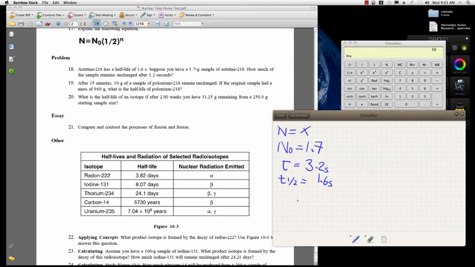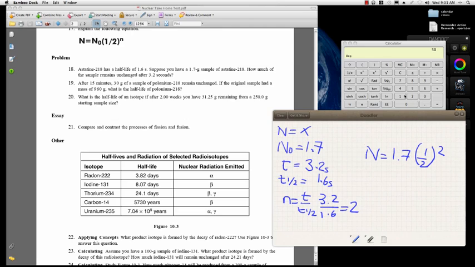All right? So the first thing you might want to do to simplify your life and use this expression up here is calculate n. Remember and recall, this is an important thing: n is equal to T over T1/2. In this case, it's 3.2 divided by 1.6. That works out to be 2 half-lives. So now plugging everything into our equation, we're looking for N is equal to 1.7 times 1/2 raised to the second power, or basically 1/4 of 1.7.